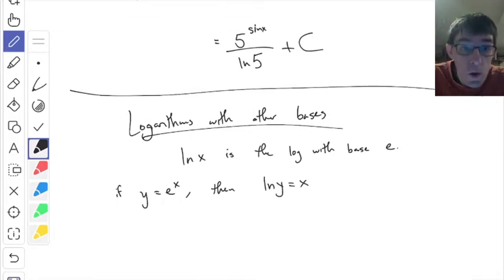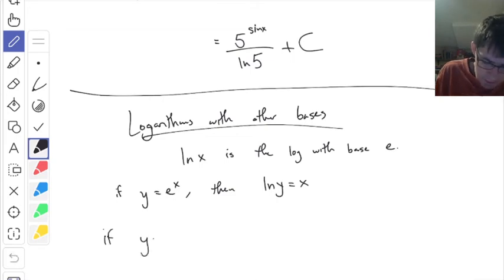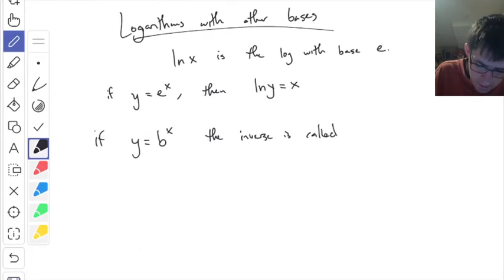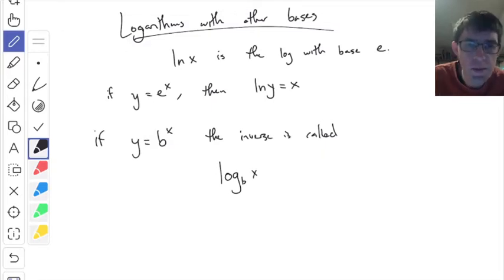The other logarithms are defined as the inverses of the other exponential functions. So if y equals b to the power x, the inverse is called, well, we write it this way, log with base b of x, or log with base b of y, whatever you want to call the variable.